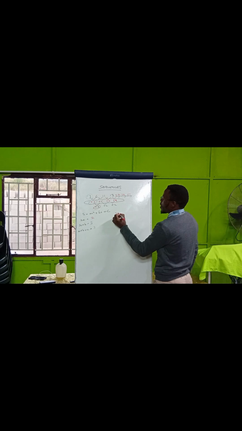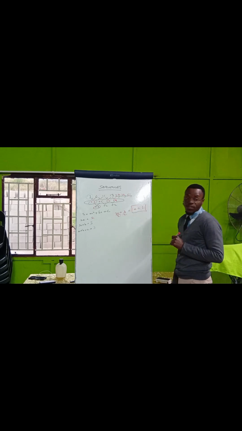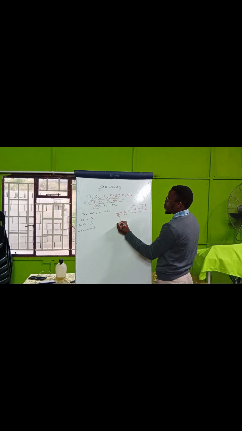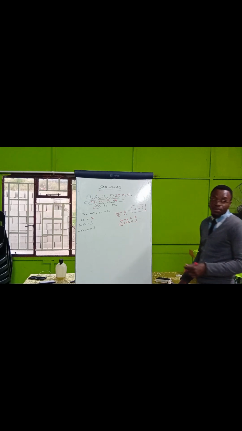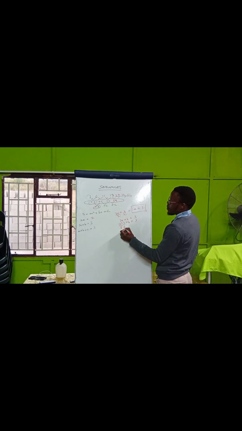So 2a equals 2, divide by 2, a equals 1. Solved. Now that you have a, you can solve 3a plus b equals 3. In place of a, we substitute 1, so that we have 3 plus b equals 3.